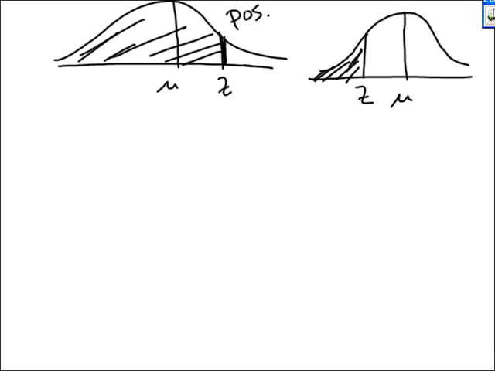It always gives you the area to the left. Not all z-tables do that. Okay, in the end, will we get the same answer? Of course. Otherwise, this would be meaningless. Two students can't do the same exact problem correctly and get different answers.